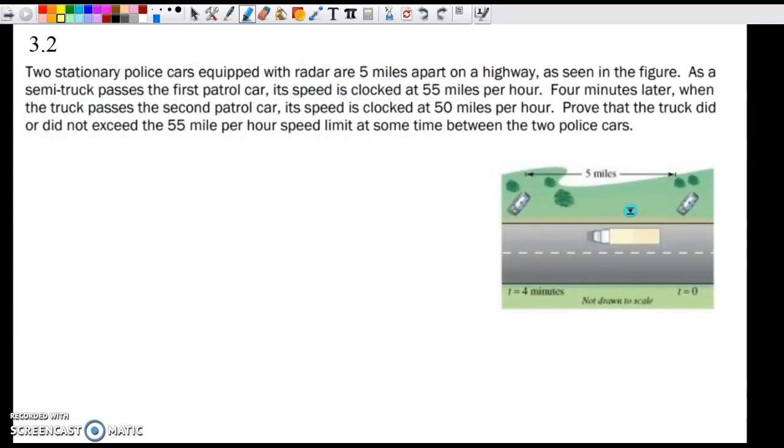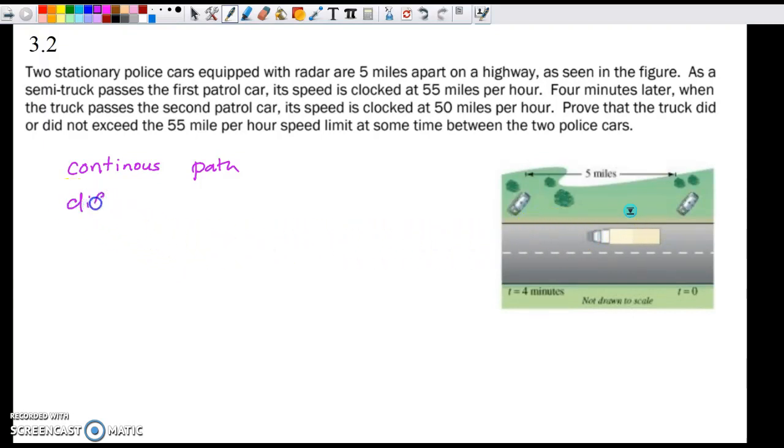Here's another problem that I sort of talked about in class. The one thing I'll note about this problem is that there are two stationary police cars equipped with radar. This semi-truck's travel is continuous and differentiable. It's continuous, first of all, because you can't just stop moving and jump to a different point. You're heading down the road, and there's no way that a truck can all of a sudden jump from here to there without hitting every point in between.